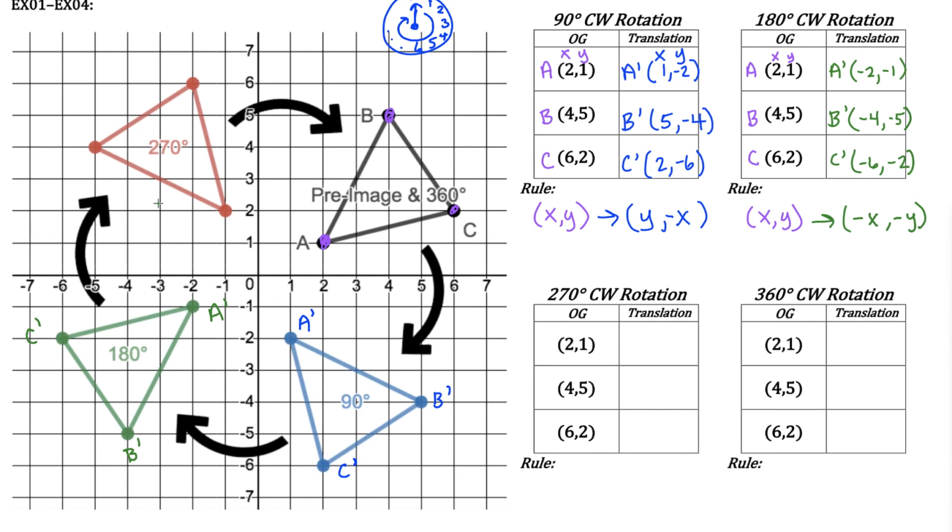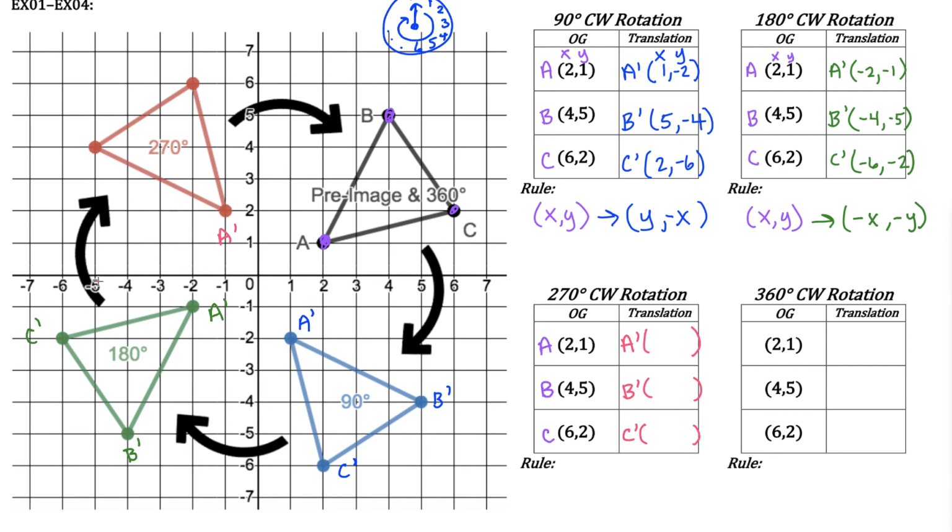All right, let's look at 270, which is the red one. But let's go to purple first. A, B, C, and then A prime, B prime, C prime. So this is A prime.